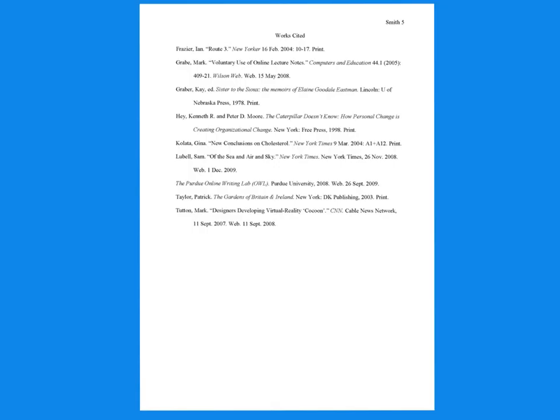Okay, so finally, let's just take a look at a sample Works Cited page as it would look without any of the markings all around it. Your paper, when you've finished it, should look just like this. And again, I'm just going to show you all the things to notice. First of all, you've got a name and the page number at the top right-hand side.